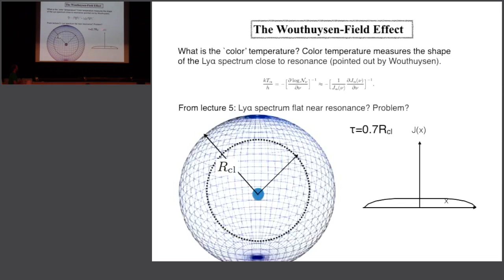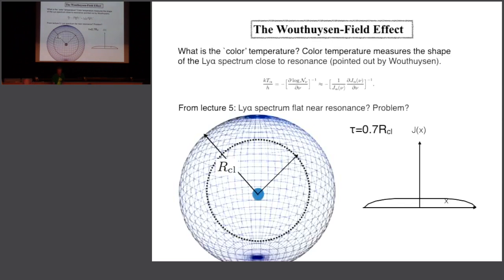If you look at the frequency distribution of photons far away from the center of the sphere and plot the number density of photons as a function of frequency, because of this diffusion the spectrum gets really broad and flat around the center here. If this is really what is happening, and it is very close to what is happening, the slope is 0. And if the slope is 0, then this approximation is actually not that good, because 1 over 0 is infinity. So something is not quite right.